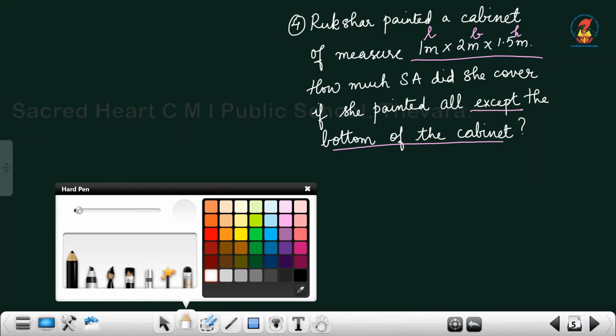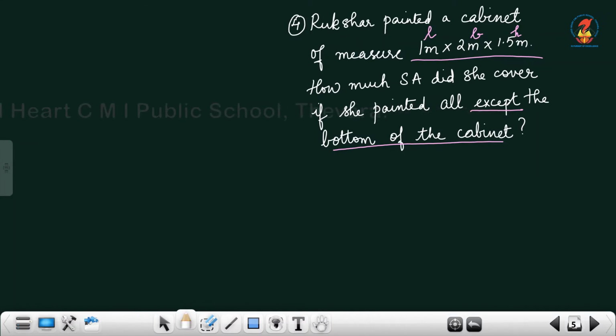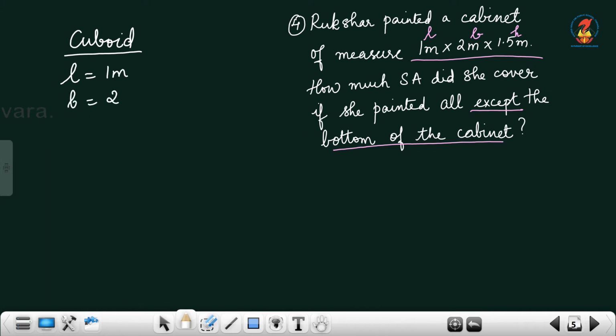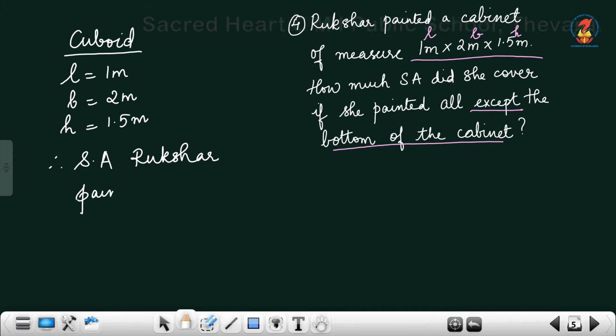So first we write what all things are given. Cabinet, cuboidal shape. Length equals 1 meter, breadth 2 meter, height 1.5 meter. Okay. Therefore, surface area Ruksar painted equals, which all areas did she paint?